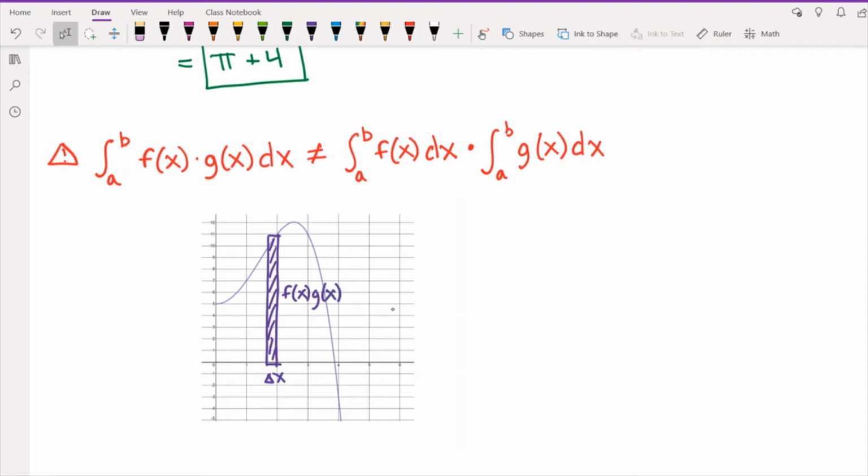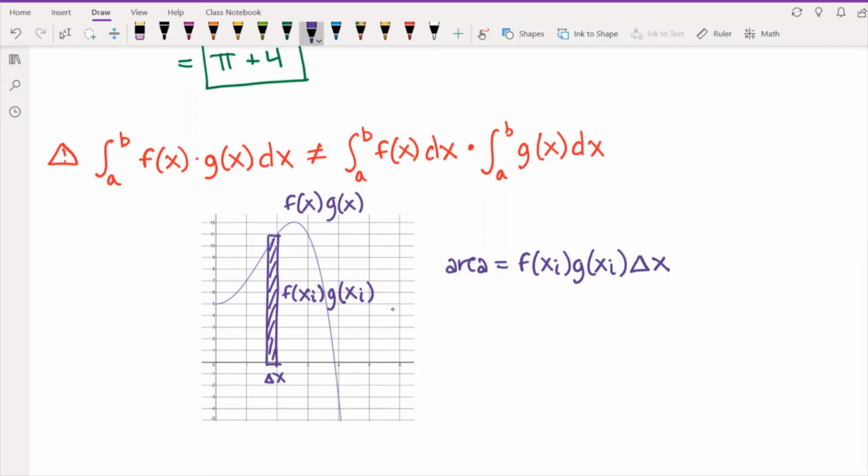Sorry, I should say f of xi times g of xi. So in this case, the area of this rectangle is f of xi times g of xi times delta x. So that would be the height and the width.